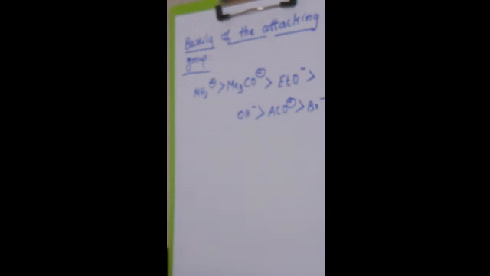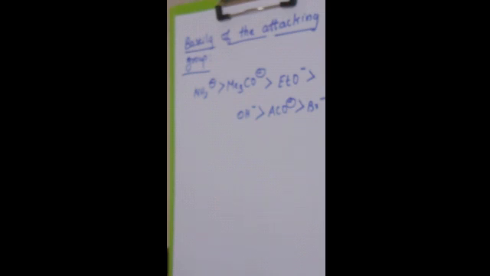The next case is effect of leaving group. The rate of E2 reaction increases with increasing capacity of the second eliminated group to depart as an anion. That is, what is the second eliminated group? That is our halide.